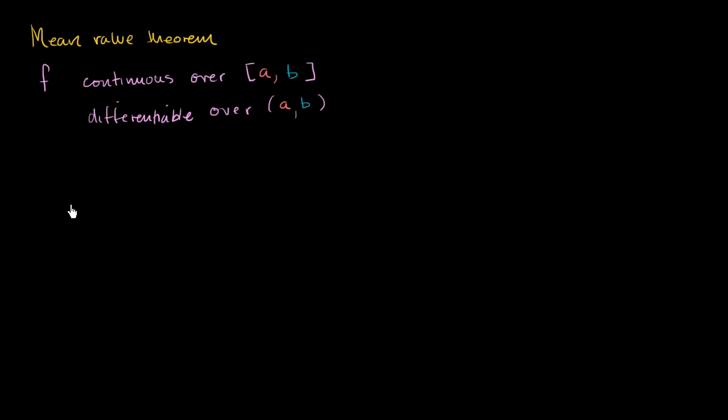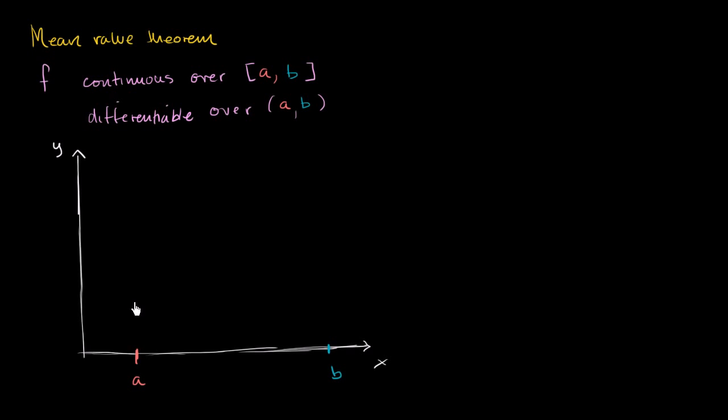And so let's just try to visualize this thing. So this is my function. That's the y-axis. And this right over here is the x-axis. And let me draw my interval. So that's a, and then this is b right over here. And so let's say our function looks something like this.